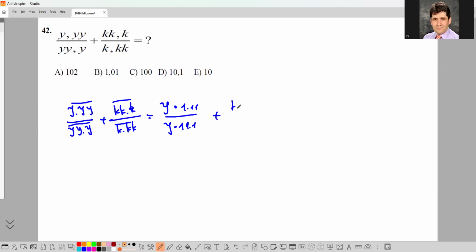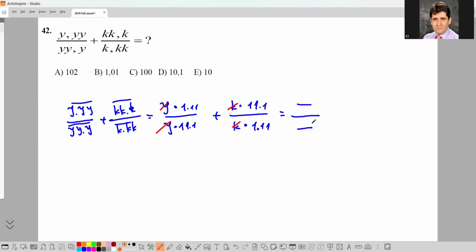Plus, if I factor a k, I get 11.1 over, I factor a k, and I get 1.11. Then these numbers cancel out, and I'm left with 1.11.